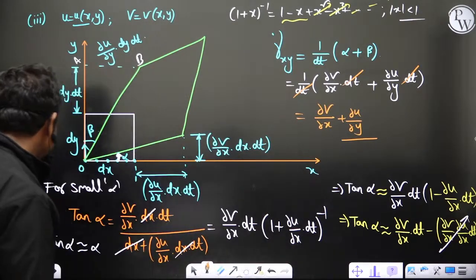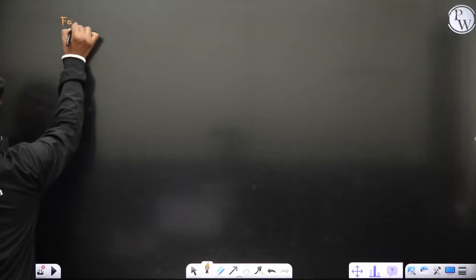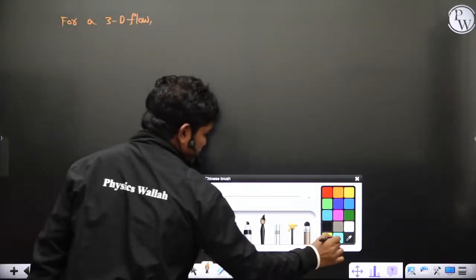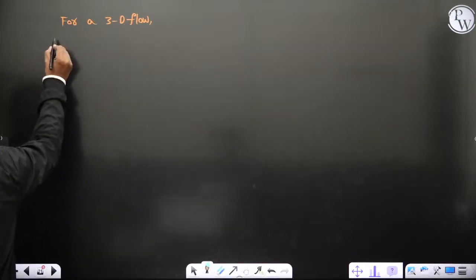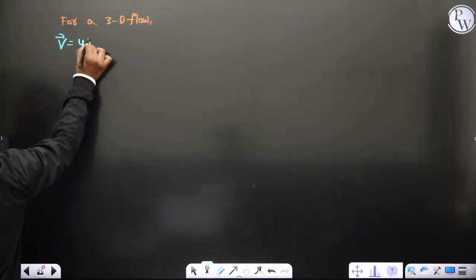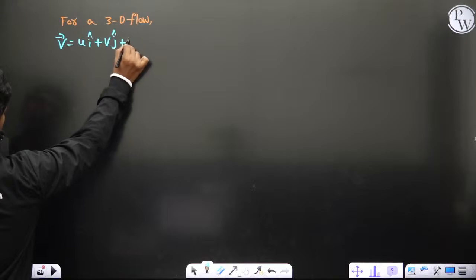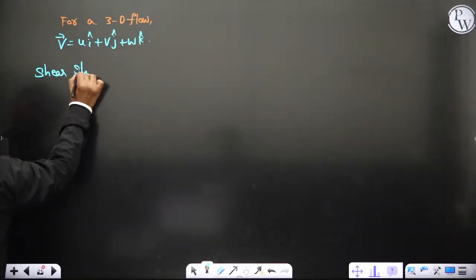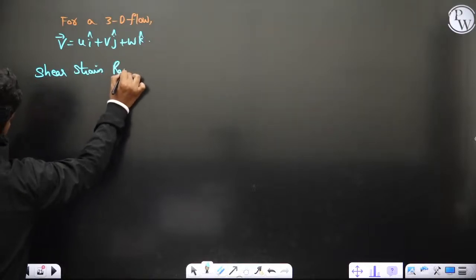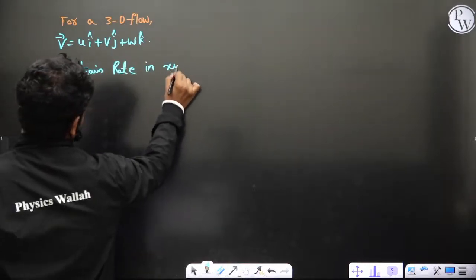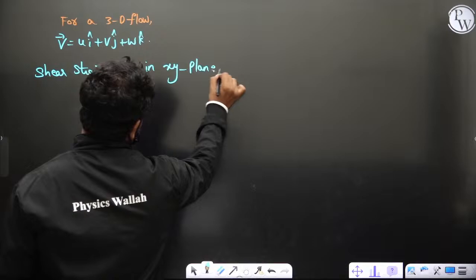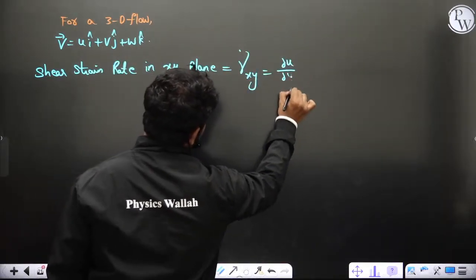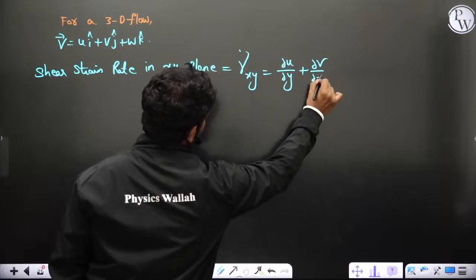Okay. So in 3D in general, for a 3D flow, you know, v is equal to ui plus vj plus wk. Shear strain rate in xy plane, gamma dot xy, is equal to dou u by dou y plus dou v by dou x.